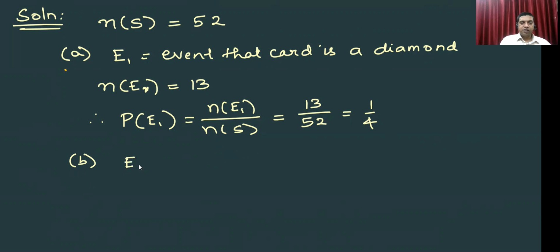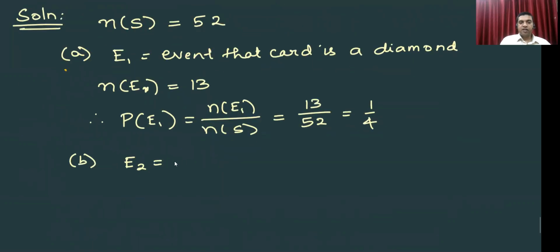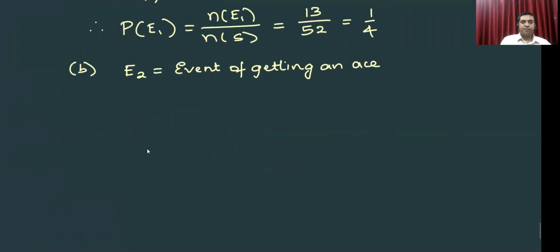Next, E2 is the event of not an ace. Let's say E2 is the event of getting an ace. Ace has 4 denominations: ace of hearts, ace of diamonds, ace of clubs, ace of spades.